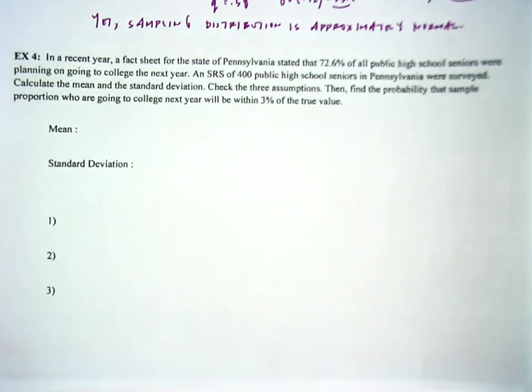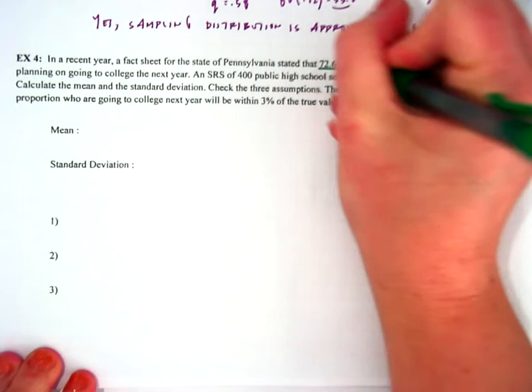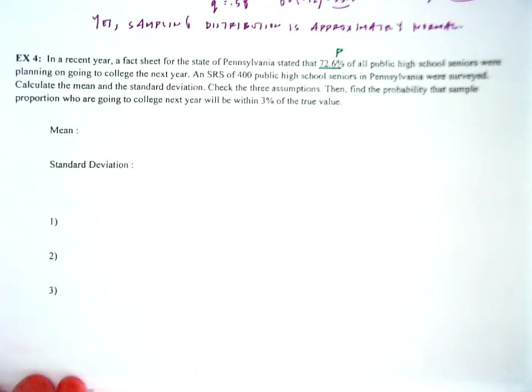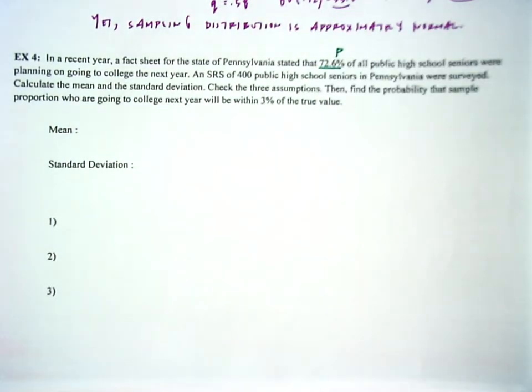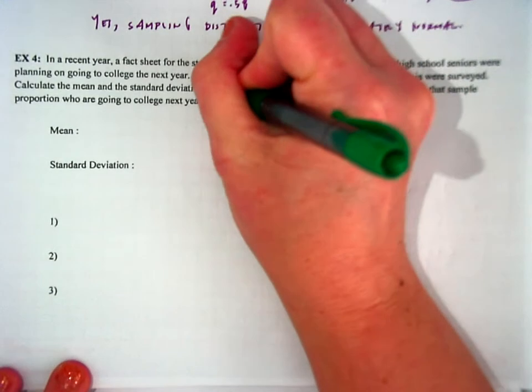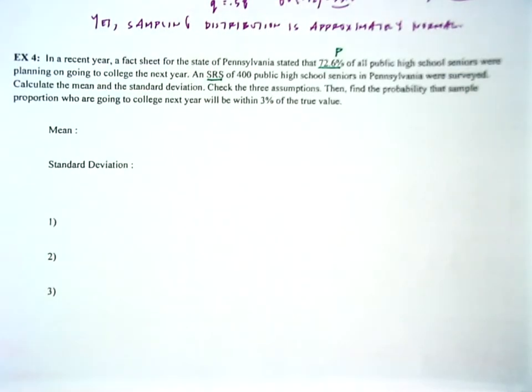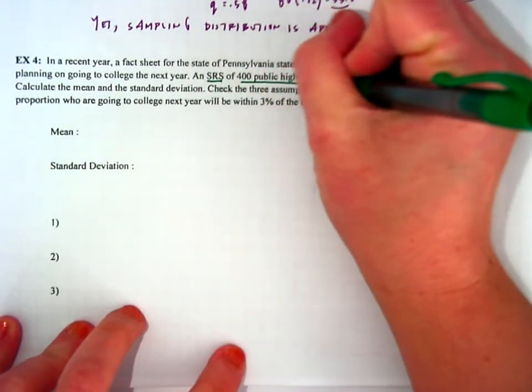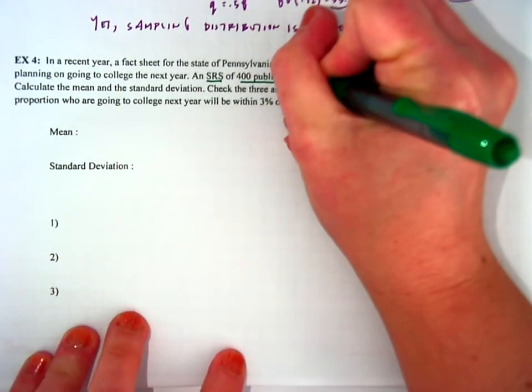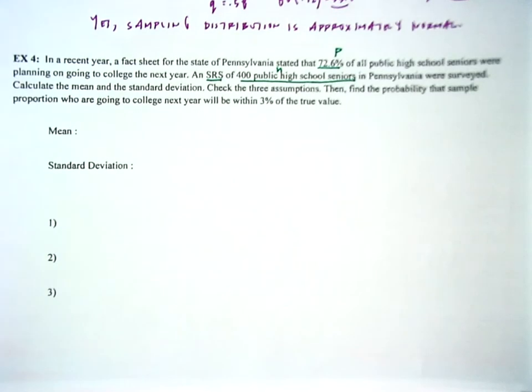Love seeing that word because then I know that my randomization assumption is met, of 400 public high school seniors, so there's my N value of 400, were surveyed. Calculate the mean and standard deviation, check the three assumptions. Then, this is our last step, find the probability that the sample proportion who are going to college next year will be within 3% of the true value.